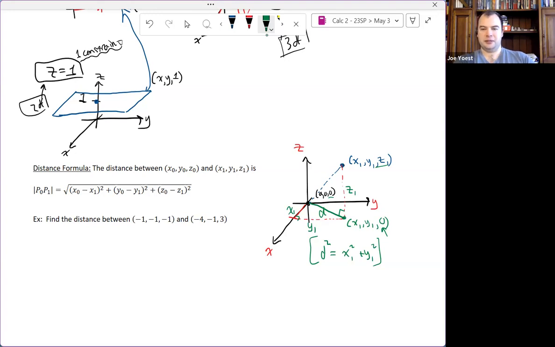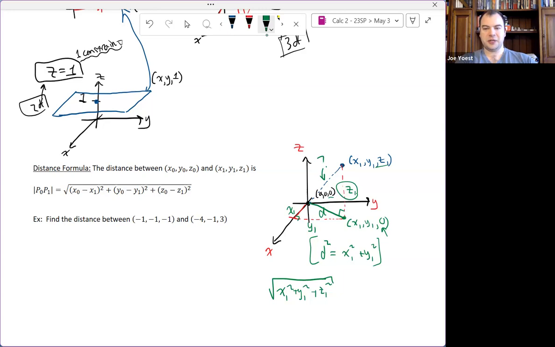What's my distance here? My distance is going to be the square root of d squared plus z1 squared. So that's where our distance formula comes from.